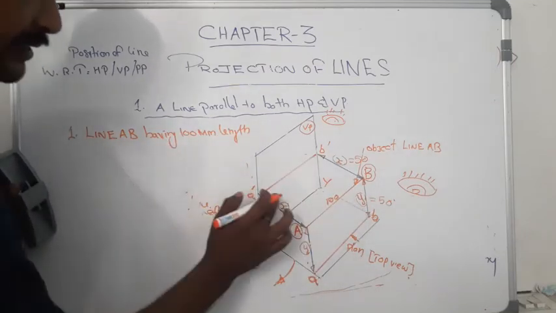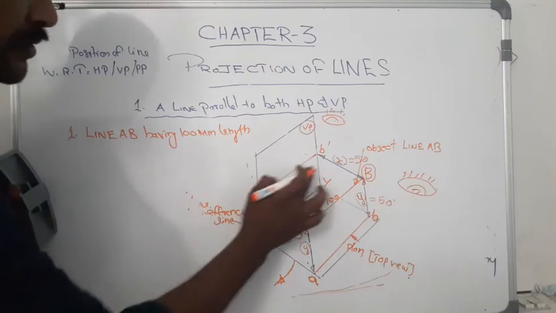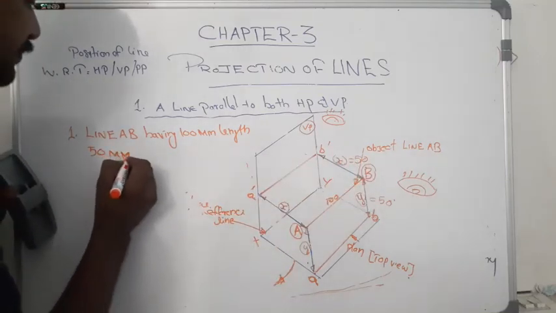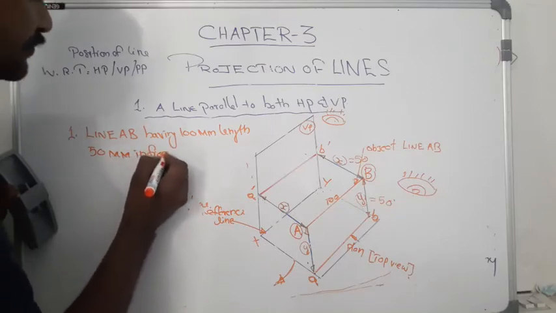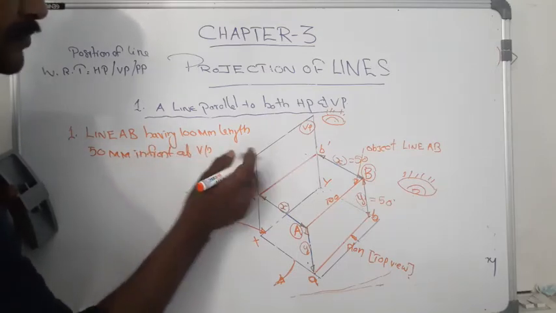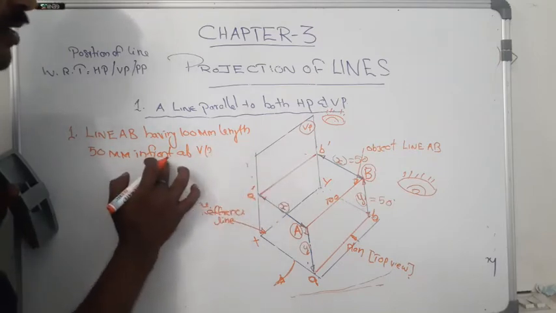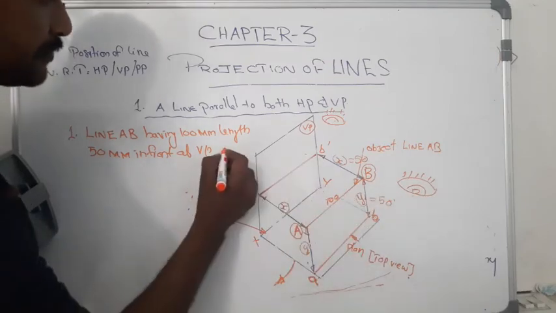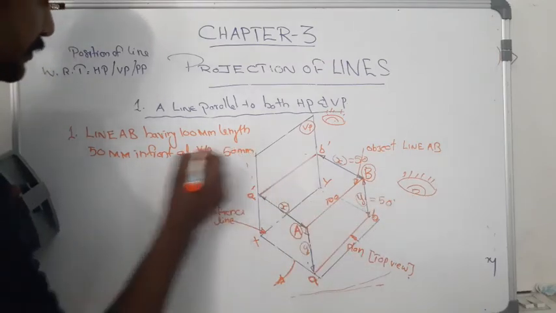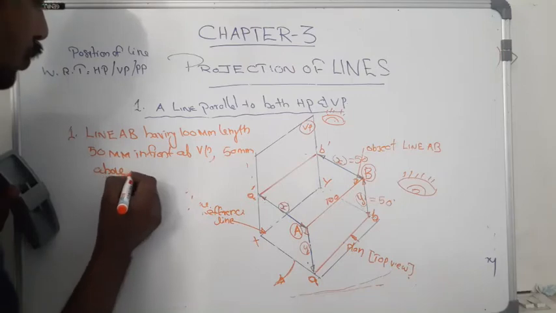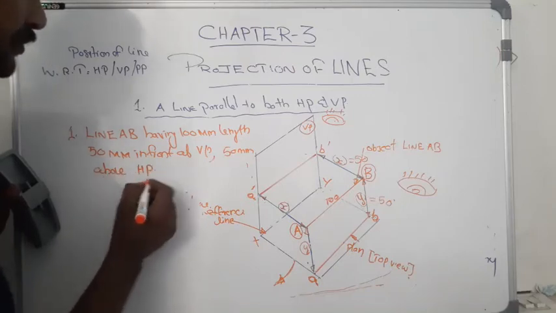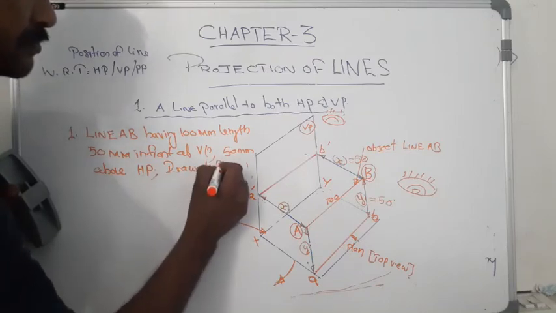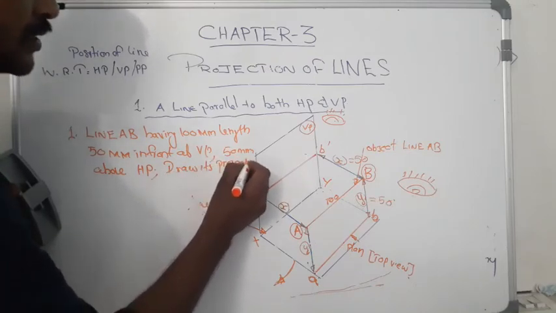The 100 mm line is placed 50 mm in front of VP, the surface is VP, and 50 mm above HP. Draw its projection. This is our question.